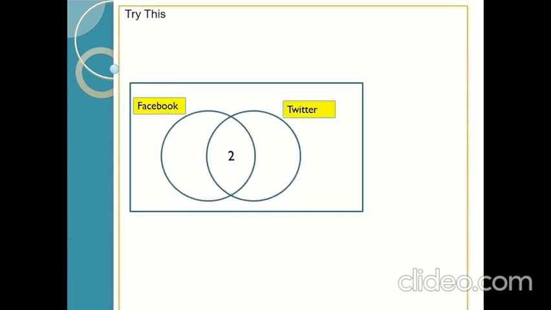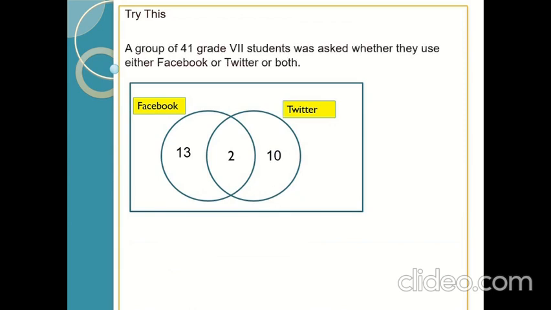Let us have this problem. The same problem but different given. 13 to 10. How many use Facebook only? Correct. 13 students. There is restriction.